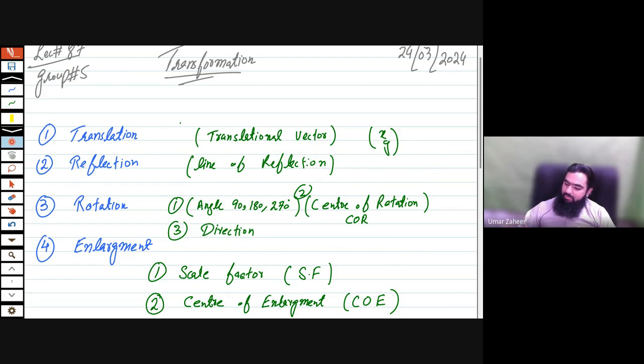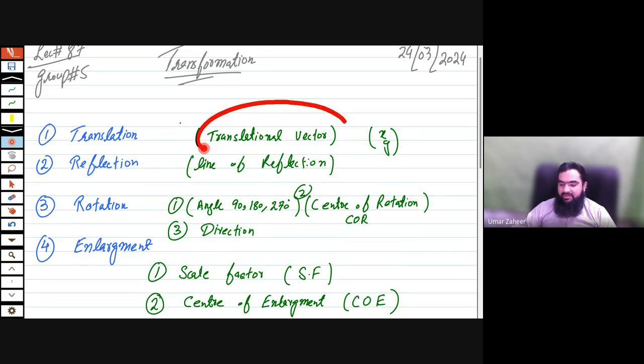I have to write all the basic things here because of the most common mistakes. For example, if your examiner says that you have to do the translation, some of the students try to find the direction. Obviously, we don't have any direction, we don't need any direction here. In the same way, if the examiner says that you have to do the rotation, or the rotation is given, you have to find these three things.